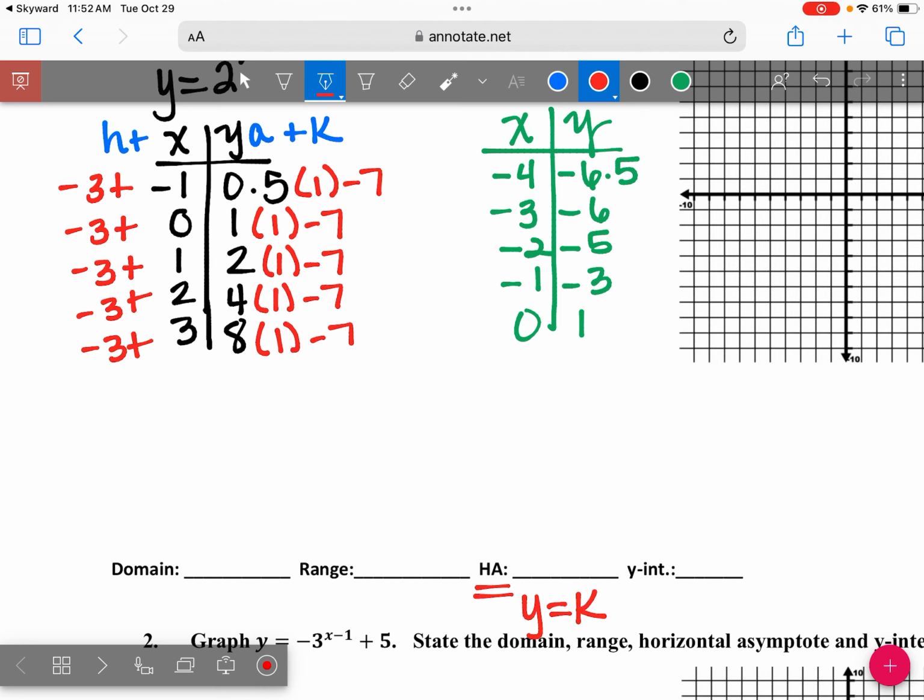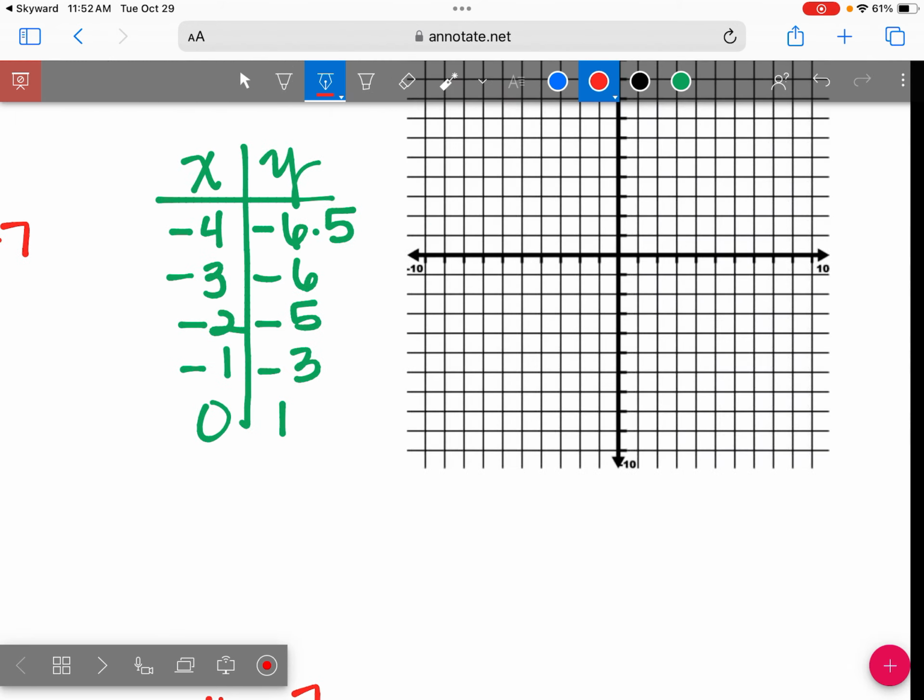So because k is -7, remember, an asymptote is a line that the graph does not cross. So I'm going to draw that in first, just so I can make sure that my graph does not go below this line.